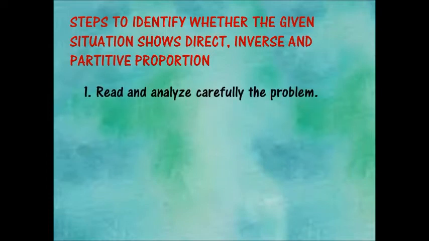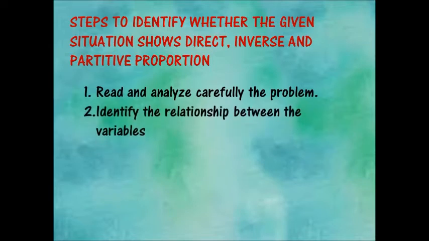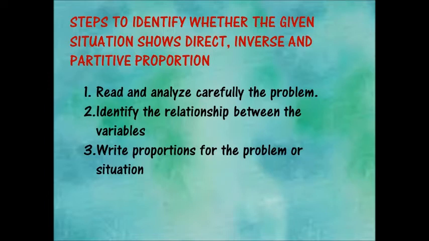Step 1, read and analyze carefully the problem. Number 2, identify the relationship between the variables. Siyempre, basahin natin, i-analyze natin, at kapag naintindihan na natin, hanapin natin yung relationship nila. And then lastly, write proportions for the problem or situation.